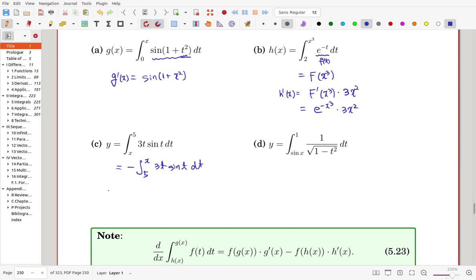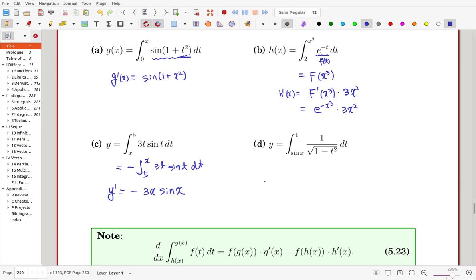Now we can use part 1 of the fundamental theorem of calculus: y prime equals minus, and this portion changes into f of x, so 3x sine x.